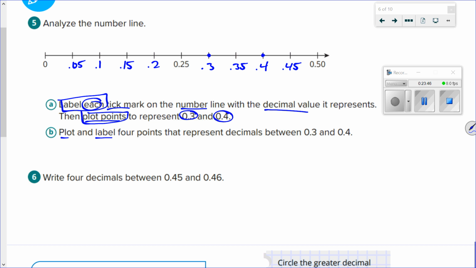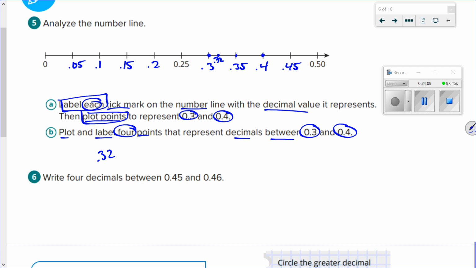Plot and label 4 points that represent decimals between 3/10 and 4/10. So it's saying I need to have 4 different points in between 3/10 and 4/10. So I'm going to go with 32/100. So that's a 3.